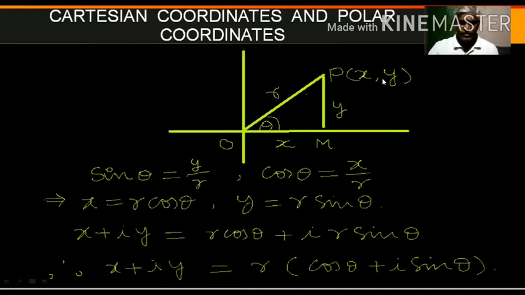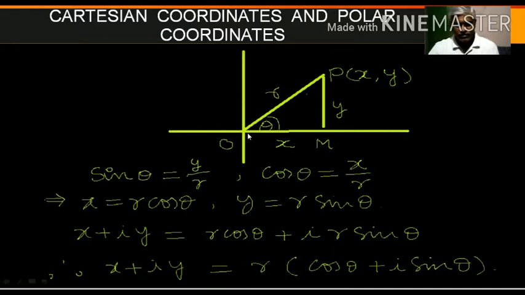As the point P x, y, the x coordinate is always on x-axis, the distance from origin to the point, OM, is x, and y coordinate always represents the distance from origin to the point on y-axis. So here PM is y and OM is x, and let the hypotenuse OP be r. This is the hypotenuse of the triangle.